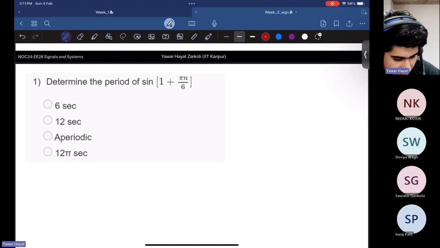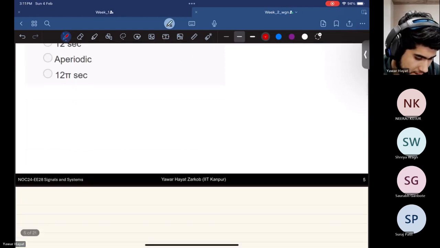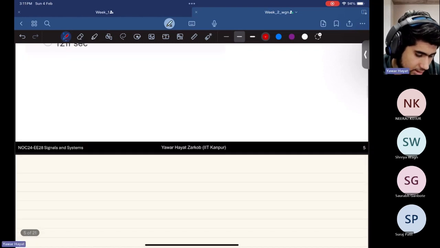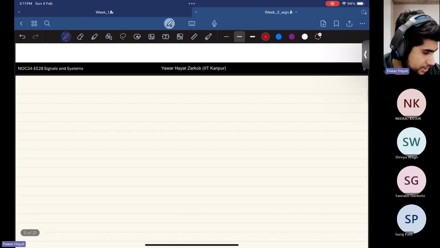Yes, it should be an integer. The answer is 12, the correct answer. So let's see how that comes about.